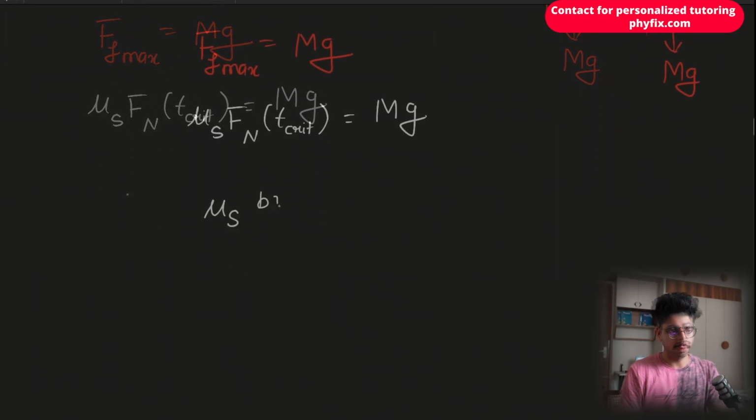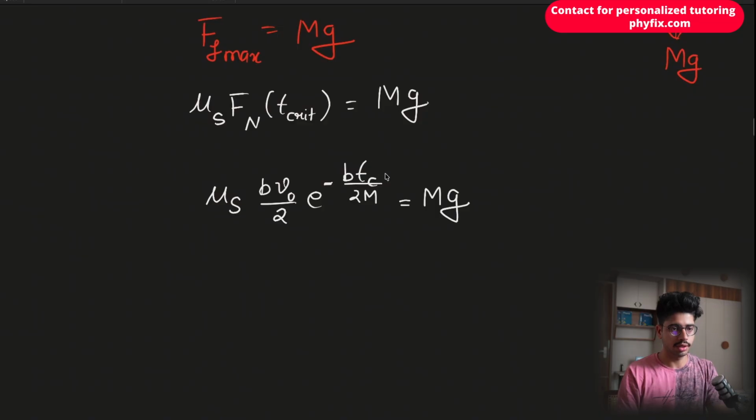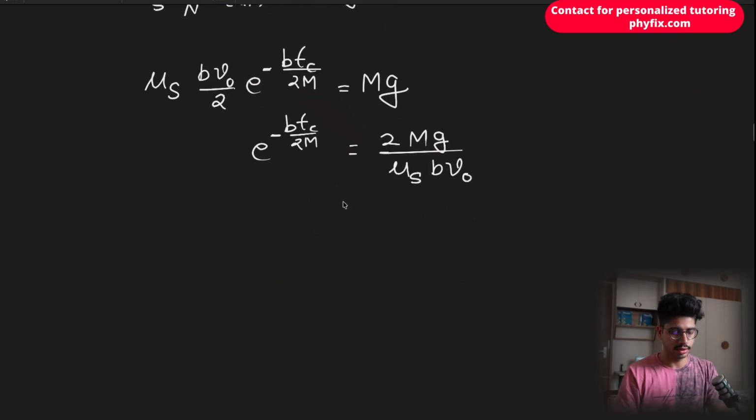Now we multiply by e to the power of minus b t critical, I am writing t c only for the critical, divided by 2, is equal to mg. Now I have to find t critical, so I take the mu value to the other side and m to the other side. This is actually the expression I want.